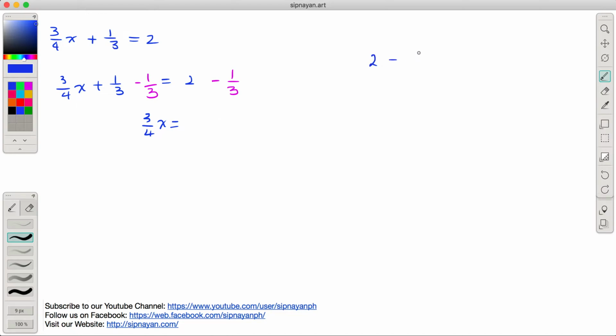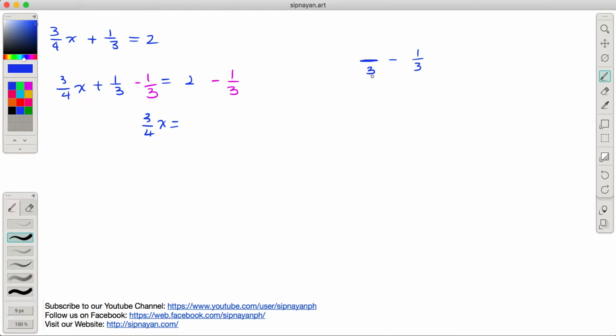Pag 2 minus 1/3, para hindi na kayo mag-multiply or mag-divide pa, gusto natin ng 2 na fraction, di ba? Pero anong gusto nating denominator niya? Dapat kapareho siya dito para similar fraction sila, di ba? Para pag nag-minus ka, ma-minus na natin yung numerator, copy the denominator kasi similar fraction.